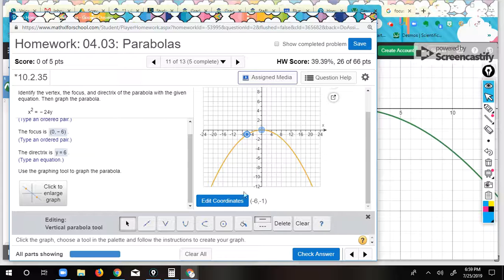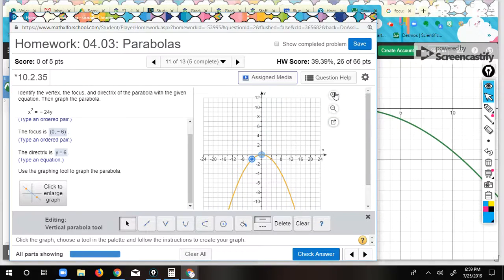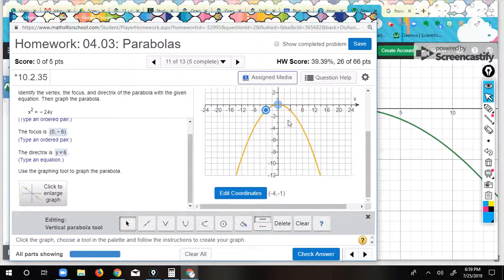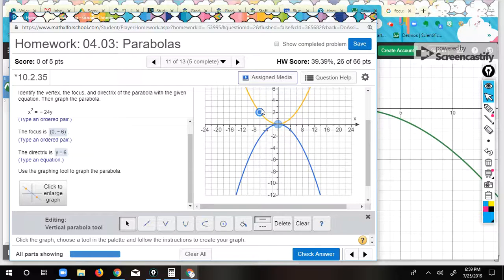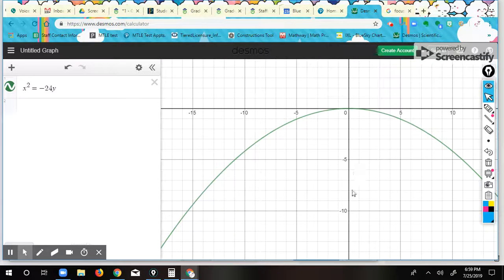Oh, wait. Why won't it let me do? Okay, that won't work. This is a weird graph.